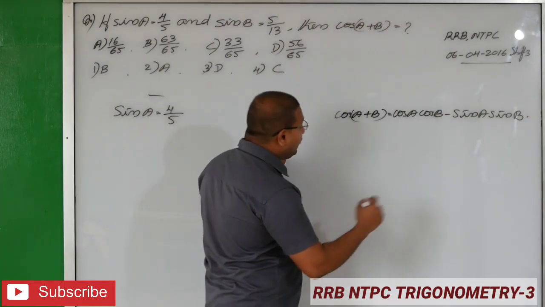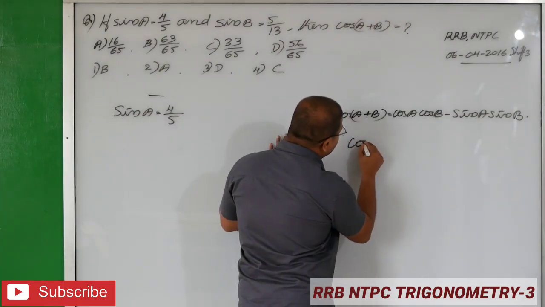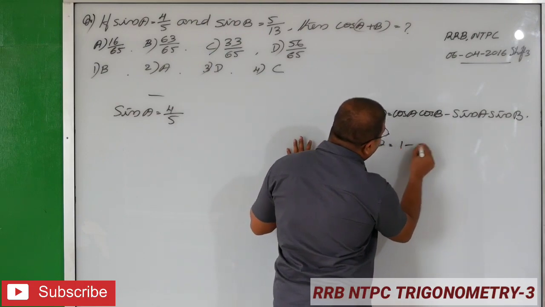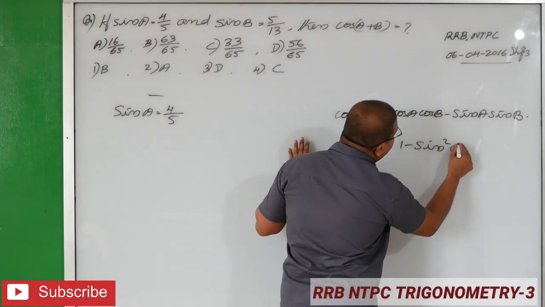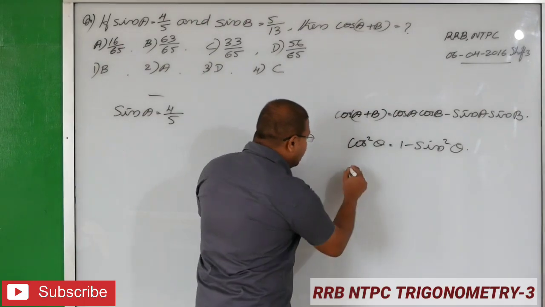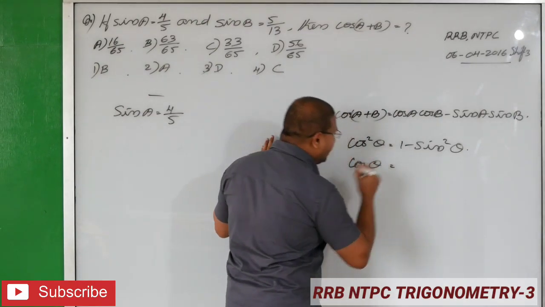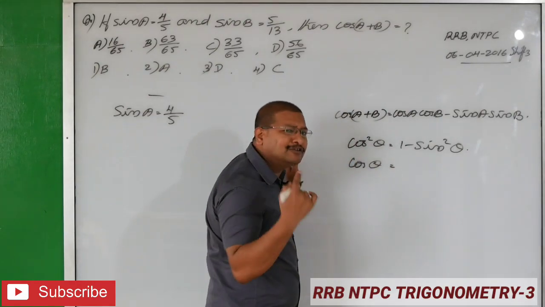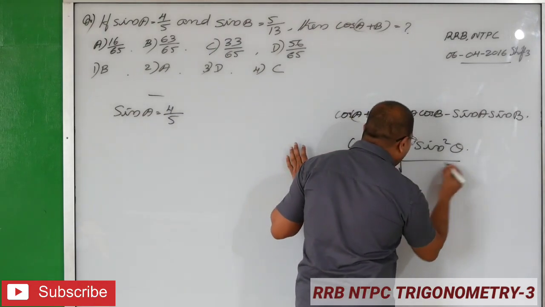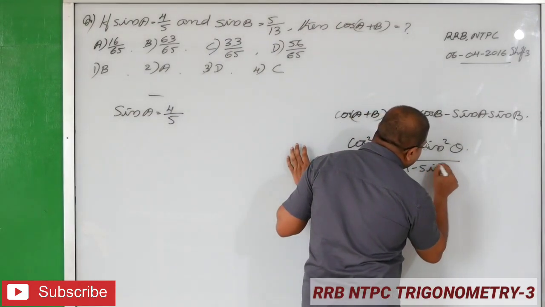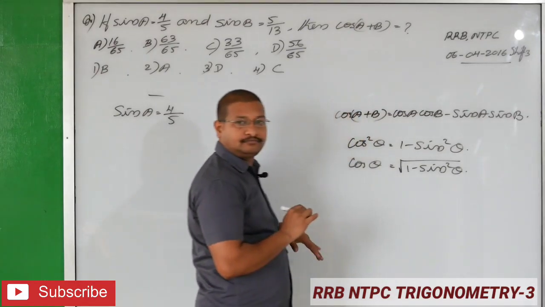For that, what will we do? We have one equation: cos² theta equals 1 minus sin² theta. If you want the value of cos theta, the square goes to the other side as a square root, so cos theta equals root of 1 minus sin² theta.